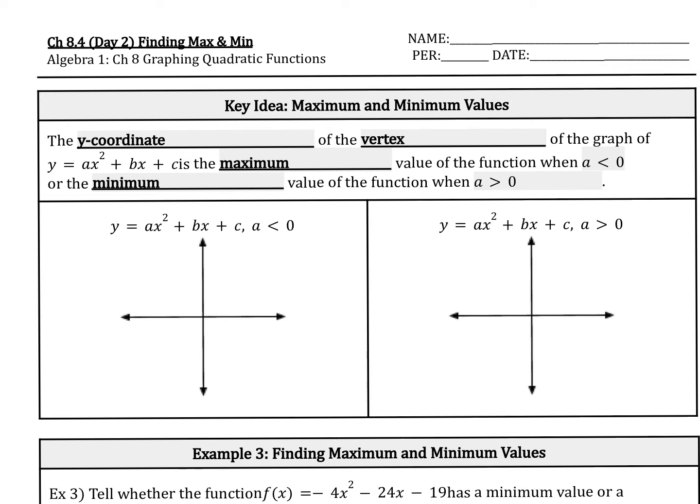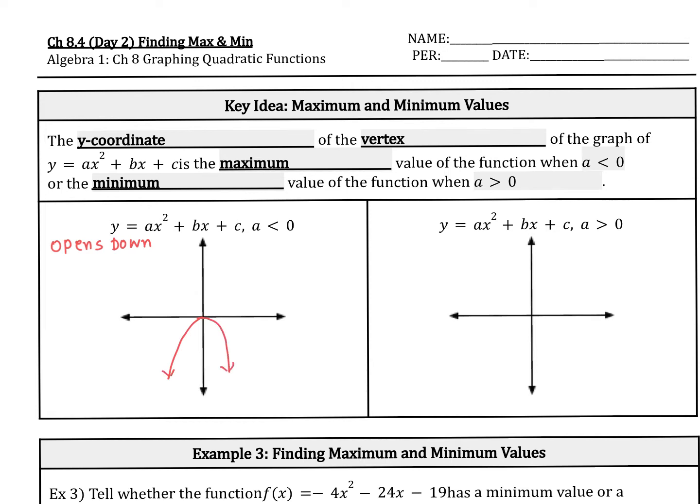Now we have y equals ax squared plus bx plus c when a is less than 0. When a is less than 0, which means that the number in the front is negative, the parabola is going to open down. It could be a parabola like this.